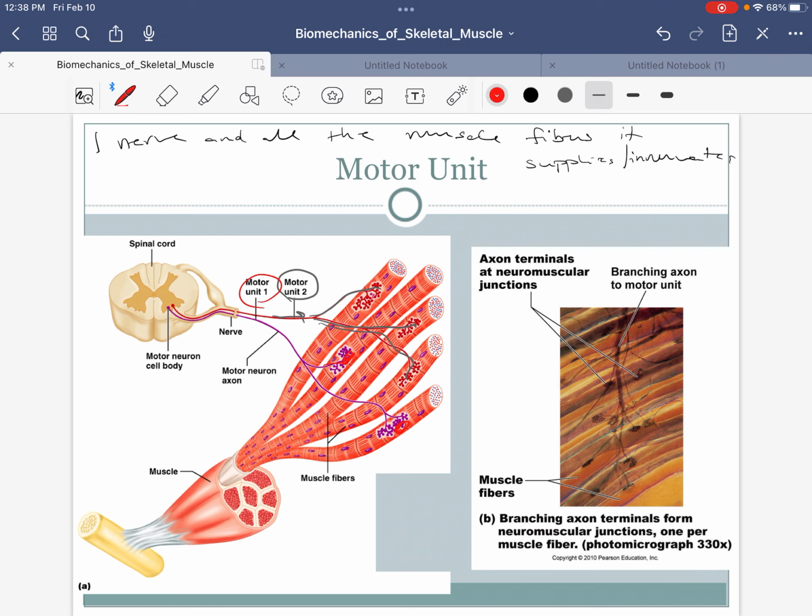Please make sure you review the laws of the motor unit. If a nerve impulse goes down a motor unit, either all of the muscle fibers it supplies contract or none contract at all.